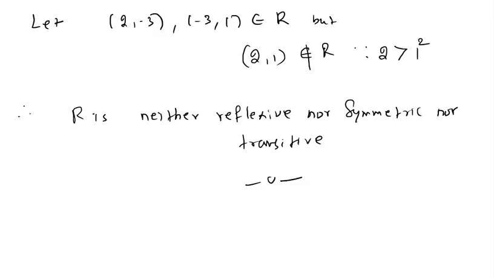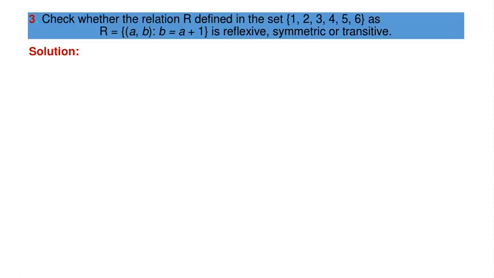So dear student, in the discussion of similar problems, in the entire chapter's first exercise, almost all questions are similar. We have to show that this is reflexive, or that it is not reflexive, or it is symmetric, or not symmetric, or it is transitive, or not transitive. The same type of question, and we'll discuss a few more questions.